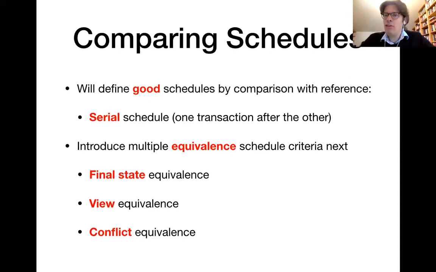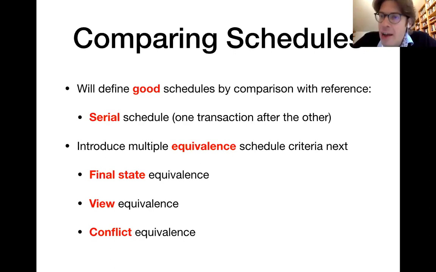But if we compare a candidate schedule to some serial schedule and we find that they are equivalent, then we can conclude that the candidate schedule is also good when it comes to isolation, because it looks like one of those serial schedules. So in the following, we're going to see a couple of criteria that allow us to compare different schedules against each other.